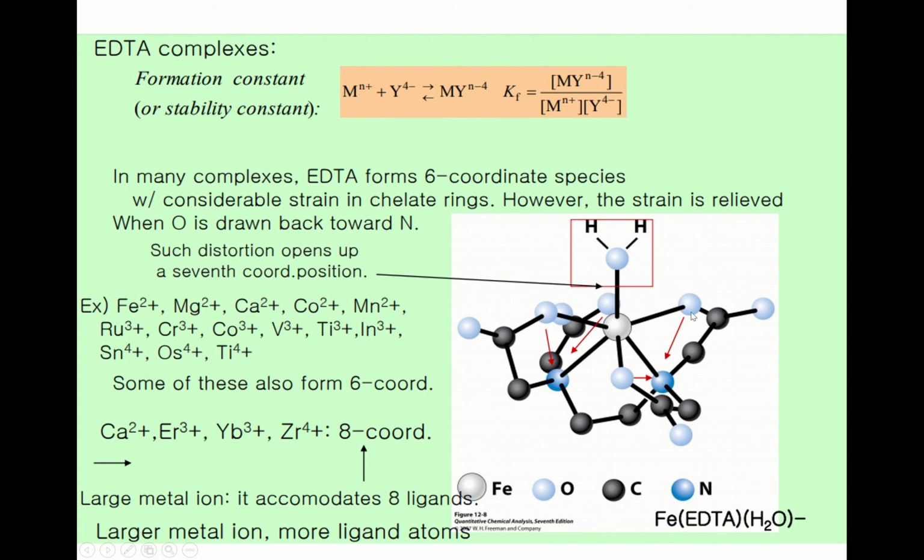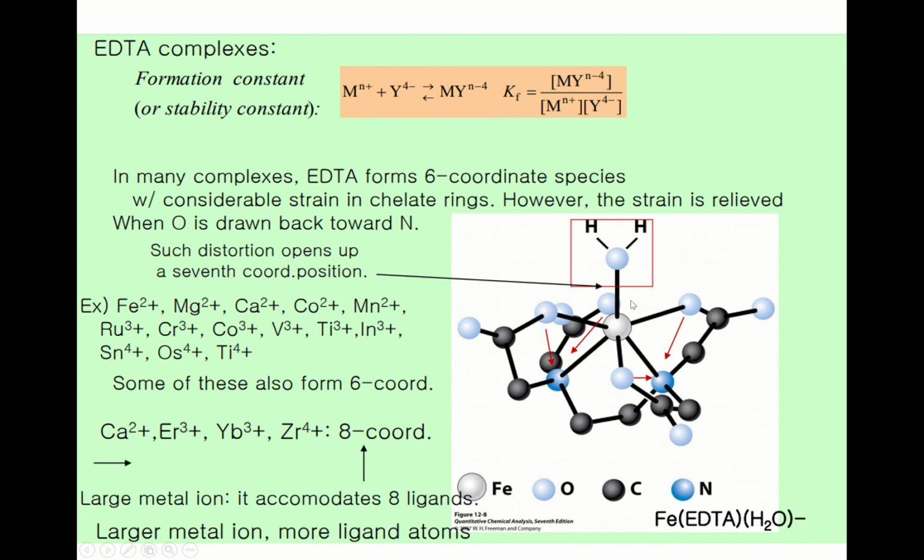Let me say this is oxygen. The oxygen is drawn back toward nitrogen, and then the strain is a little bit released. This is the nitrogen atom, and the oxygen atom is moved toward the nitrogen.